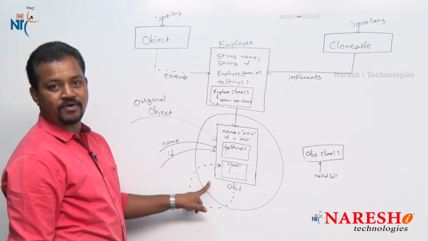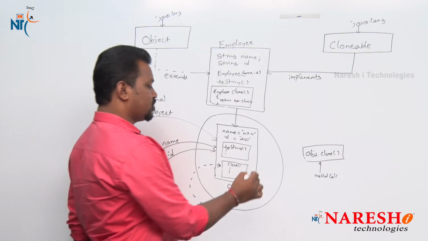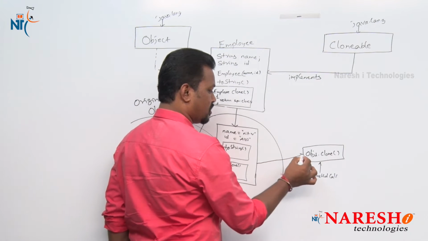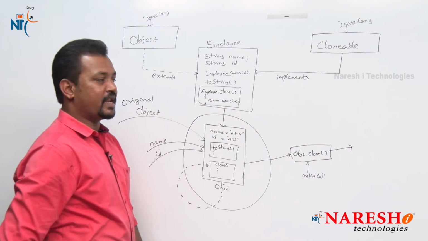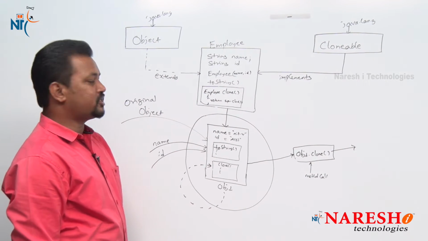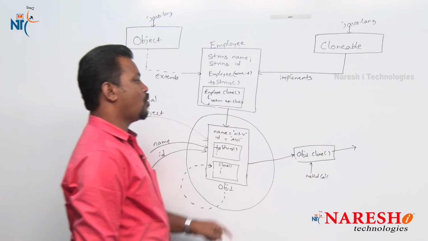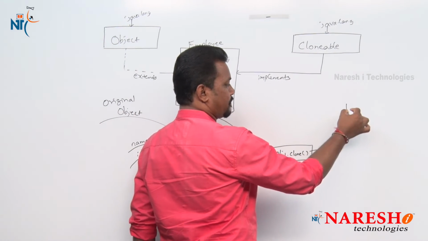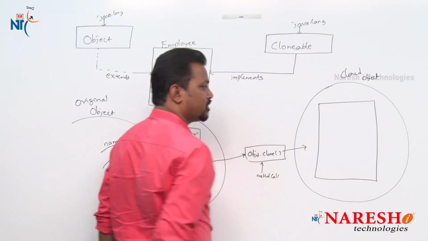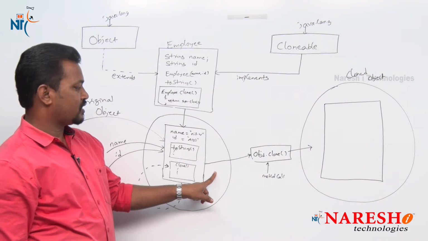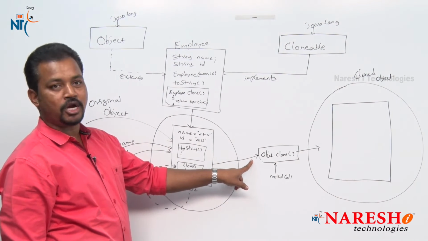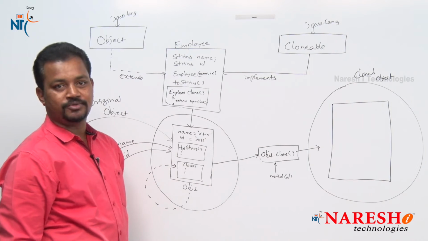This method call will create one object. The object is created from this object only. One separate object is created, a cloned object, by using obj1.clone. This is creating one object.